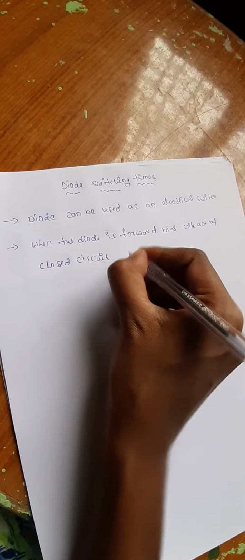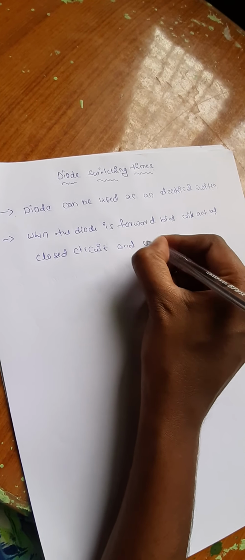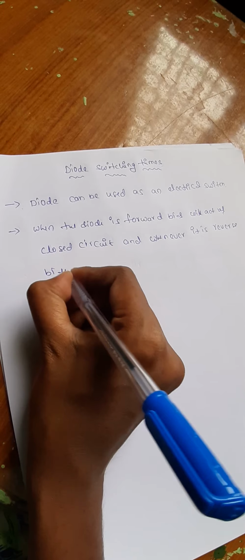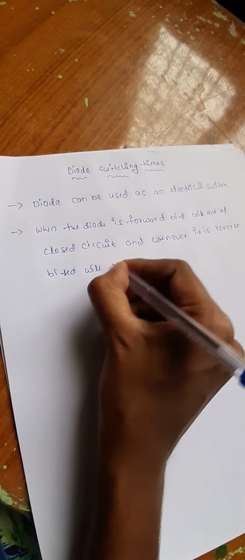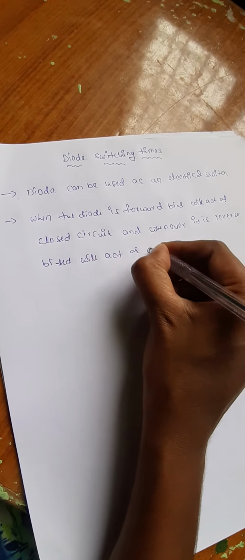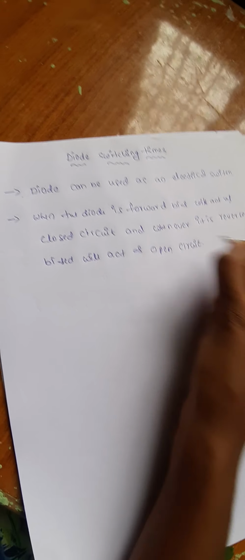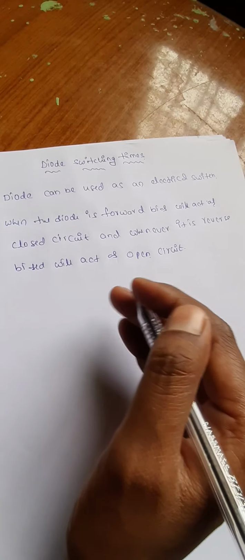Whenever it is reverse biased, the diode will act as an open circuit. Here we are using a diode as an electrical switch under the forward bias condition as well as the reverse bias condition.